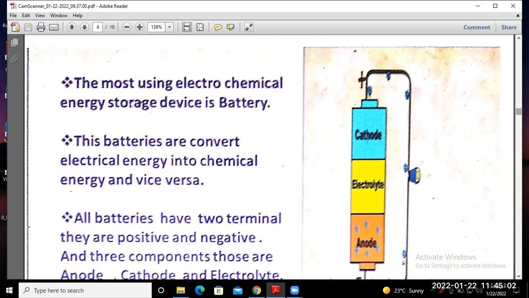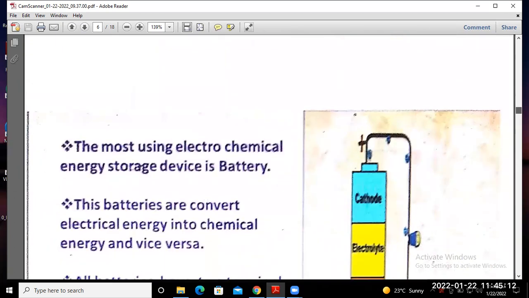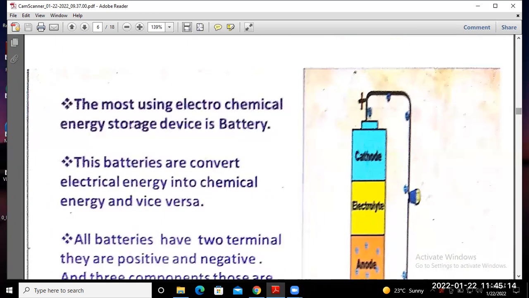All batteries have two terminals. One is the positive terminal, that is the cathode, and one is the negative terminal, that is the anode, and the third is the electrolyte, which separates the cathode and anode terminals.